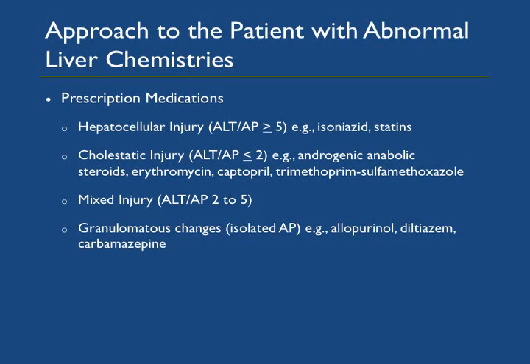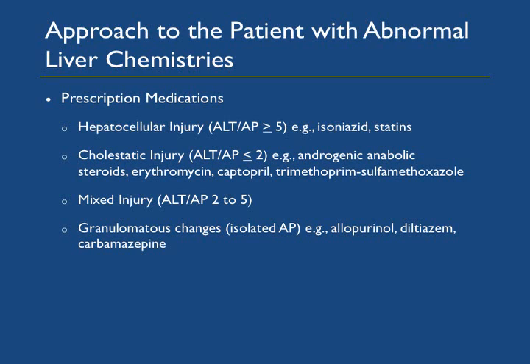Hepatocellular injury is defined as an ALT to alkaline phosphatase ratio greater than or equal to 5. Examples include isoniazid and the statins. Cholestatic injury, where the ALT to alkaline phosphatase ratio is less than or equal to 2, with examples being androgenic anabolic steroids, erythromycin, captopril, and trimethoprim sulfamethoxazole.